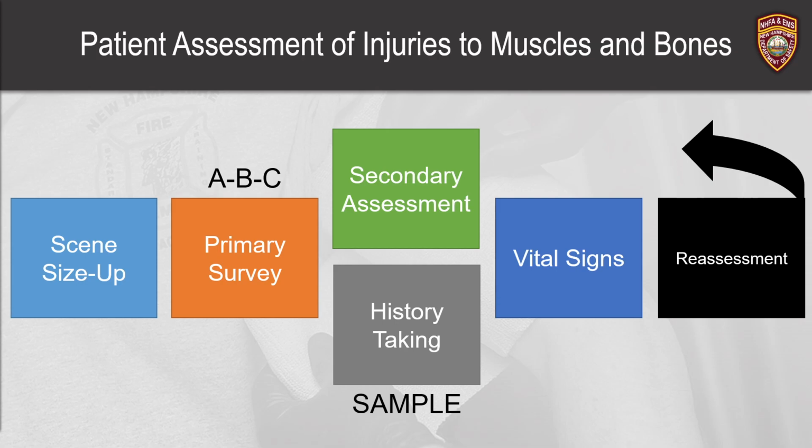It's often more efficient and helpful to perform your primary assessment and then immediately follow that with your secondary assessment and hold off on getting a patient's medical history, especially when trauma is concerned.